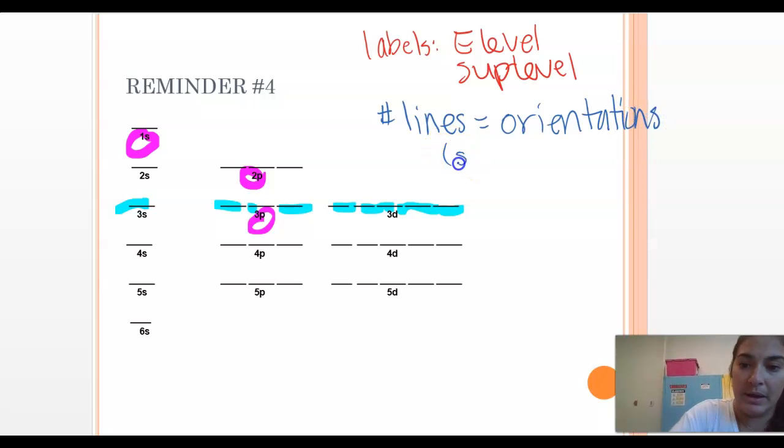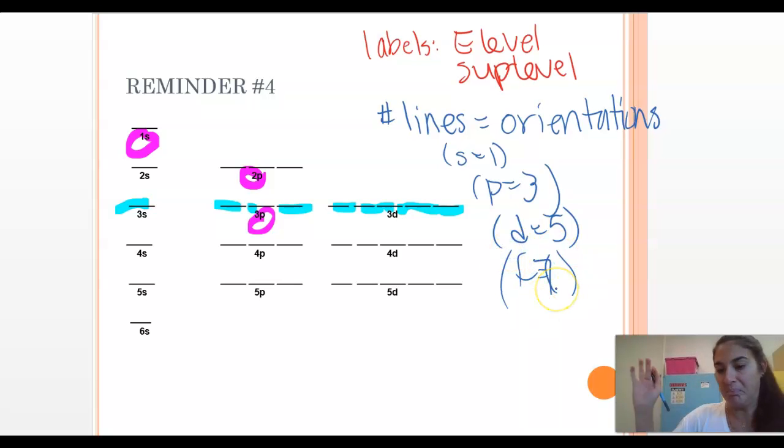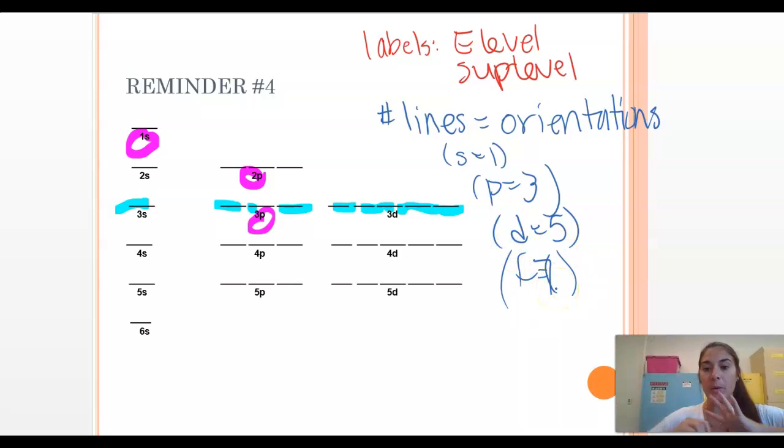So S would have 1, P would have 3, D has 5. F has 7, but we're not going to deal with it. So when you are doing this, that is how your drawing needs to go.